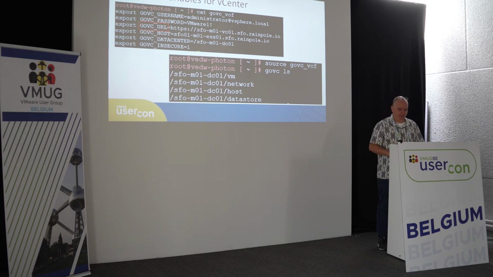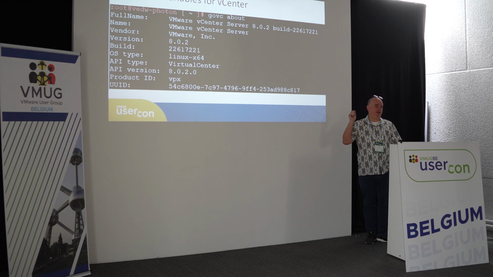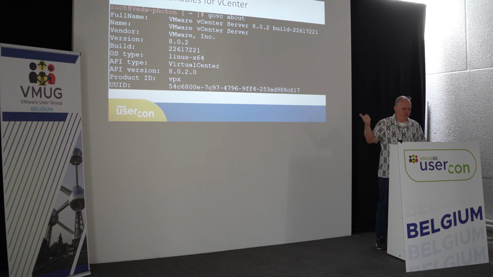Very handy. You can also just run govc about, and it's going to provide you information about that instance of vCenter, which version, which build, which operating system type, UUID, stuff like that. Very simple.